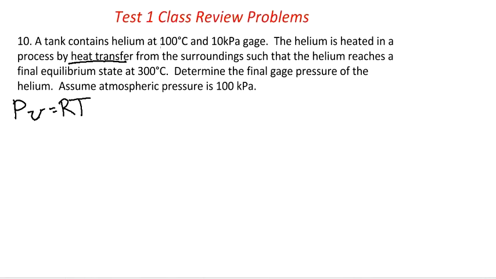Alright, so we've got a temperature, T1 equals, I'm not even going to write it out because I don't have that much space here. So let's call this T1. The 300 degrees is going to be T2. Alright, and we want to find the final gauge pressure of the helium, assuming atmospheric pressure is 100 kilopascals.